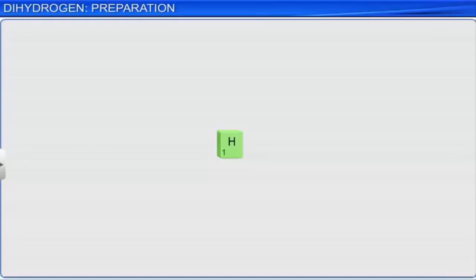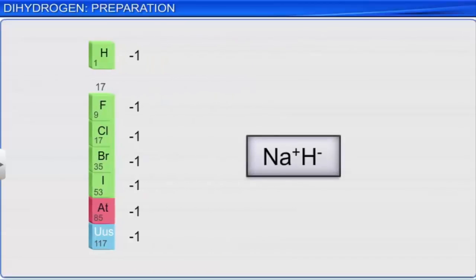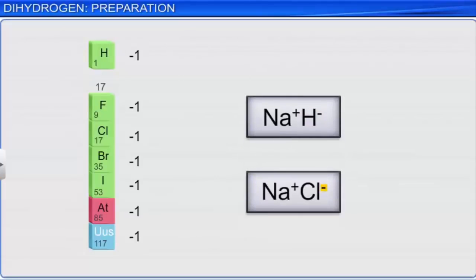The oxidation state of hydrogen, -1, is similar to halogens in some of its compounds. For example, in sodium hydride, hydrogen has an oxidation state of -1, which is the same as that of chlorine in sodium chloride.